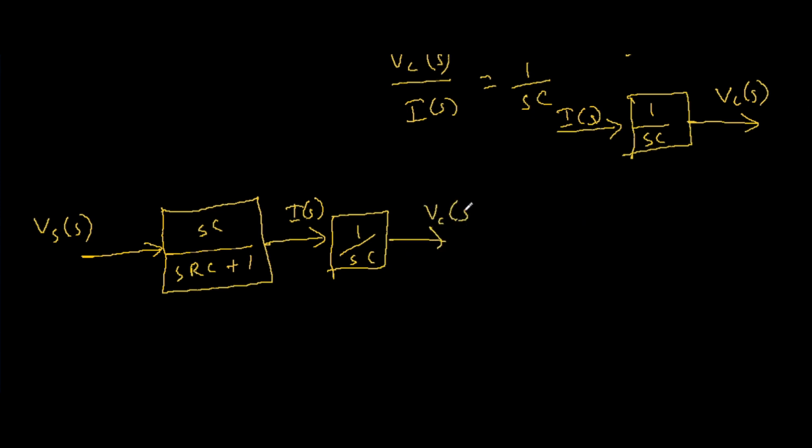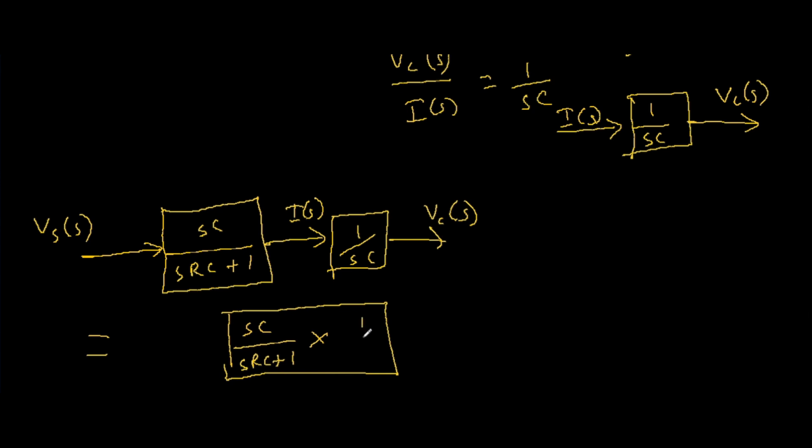And this actually is perfect mathematics, and it works out perfectly. Let me jump ahead a little bit. With block diagram reduction, all you do is multiply these two terms together to reduce this into a single block, where you have SC over SRC plus 1 multiplied by 1 over SC.